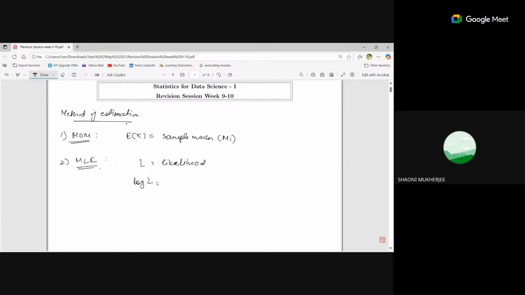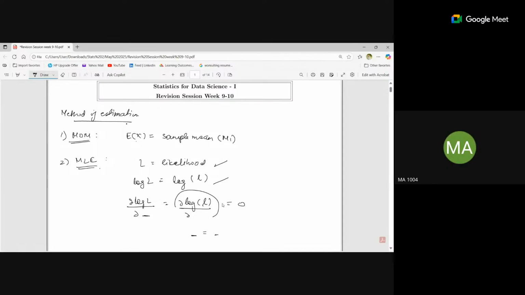Then we find the partial derivative with respect to the parameter and equate it to 0, like how we find the maximum or minimum of any function. Then we find the value of the parameter.